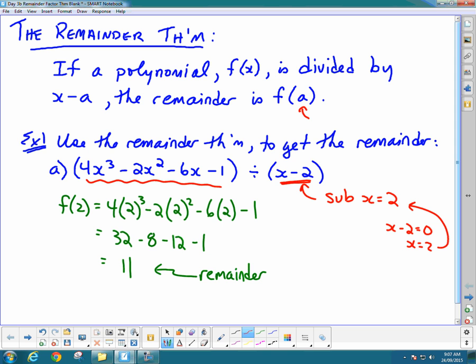So again, you see it was x minus a, the root of that is a. So if you plug in a, or in this case 2, into the function, the actual answer is the remainder. So we didn't have to go through any of the division stuff to just get the remainder.